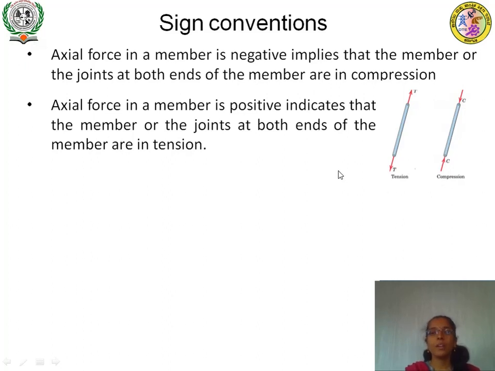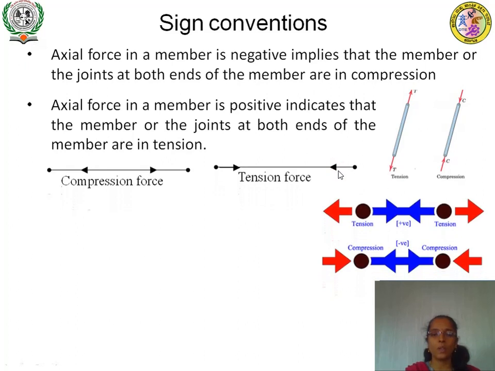But in the case of trusses, tensile means the joint will be under tension. Suppose this is the joint and this member is experiencing tensile force, then the joint has to be represented with the tensile force.